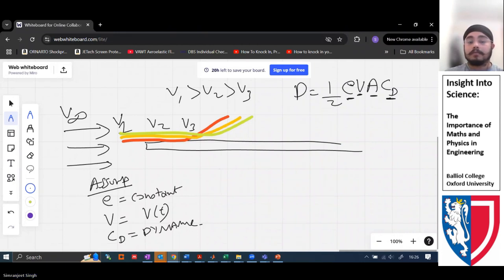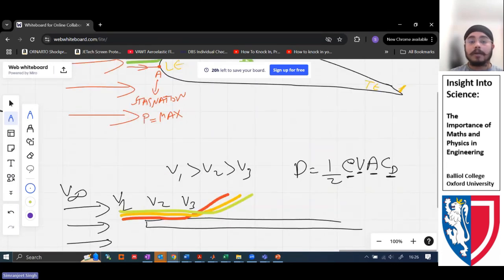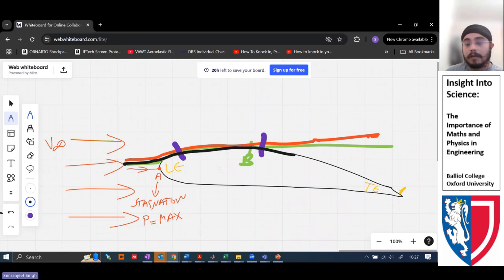When we understand that the velocity is going to be different, we move back to the airfoil. What are the things that we can apply to that airfoil so that our flow separation can be delayed? Ideally, we want the flow to start from here, travel all the way, and become as delayed as possible. Ideally, we want it at this point, but let's see how we can do that.